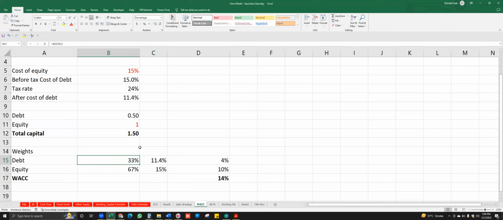Let's say it becomes 40 and 60. So I am taking more debt at a cheaper rate, whereas equity is now lower. Means the one which is at the highest cost, I am taking lower of this. So what will happen to my WACC?